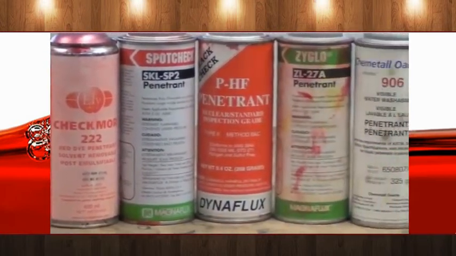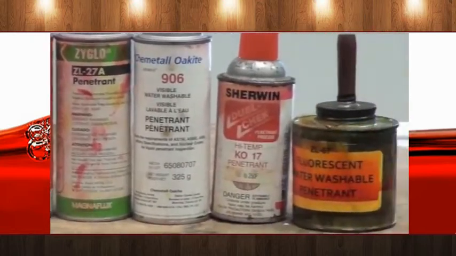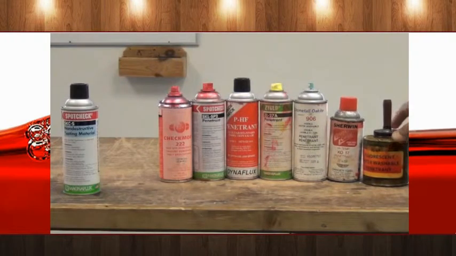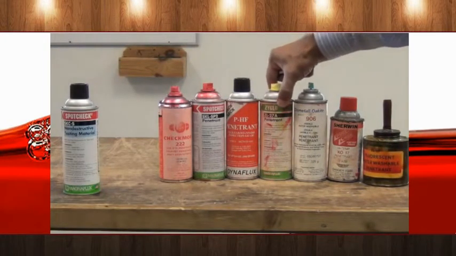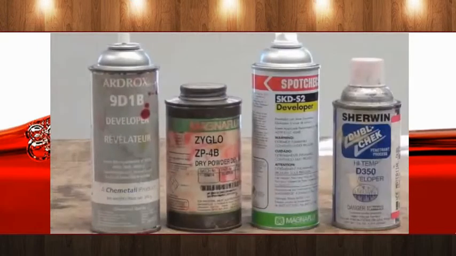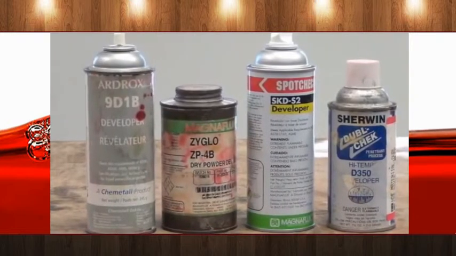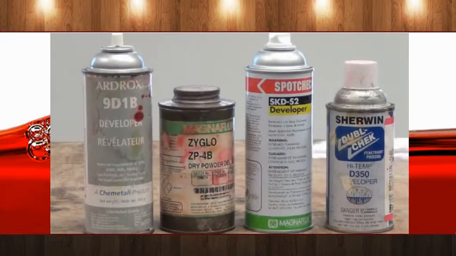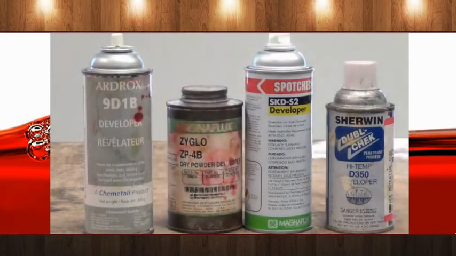Some of them are visible penetrants and some of them are fluorescent, which is this one, and here we have a penetrant which is emulsifier, so it could be any of the penetrants as shown here. Here is an example of the developers from different companies and different types of developers, which can be non-aqueous developers, aqueous developers, or a dry developer, which is in this can.